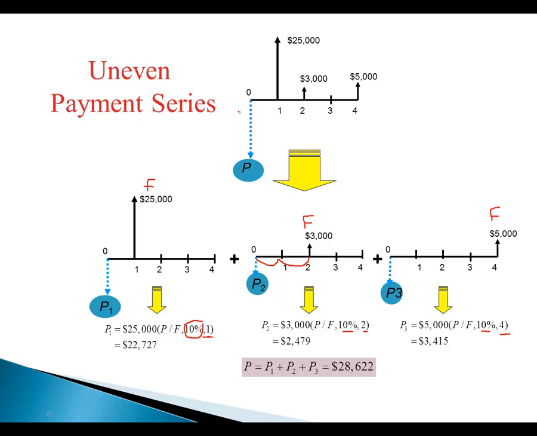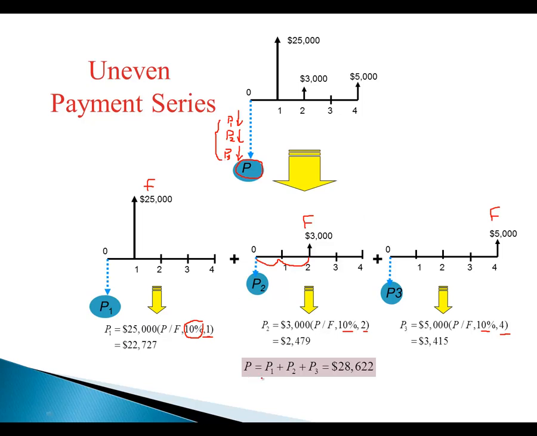So here now we have P1, we have P2, and we have P3. So P is equal to the summation of these 3 present values or principal values.